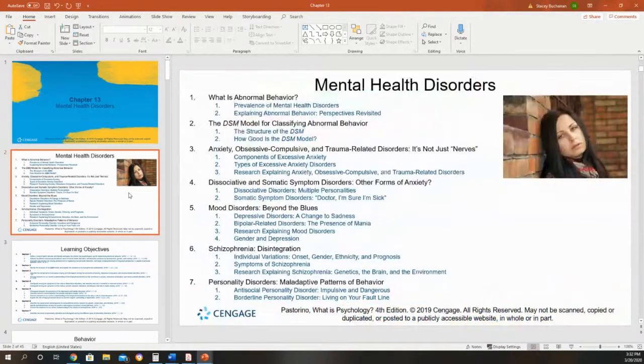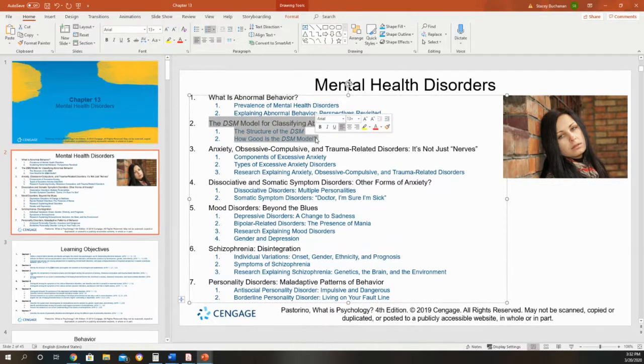So let's hit on what we're going to go over. We're going to discuss what normal behavior is and is not. So what is normal and what is abnormal? We're going to discuss the DSM model, used to classify abnormal behavior and the mental disorders. And then we're going to hit on our first section discussing specific mental health disorders.